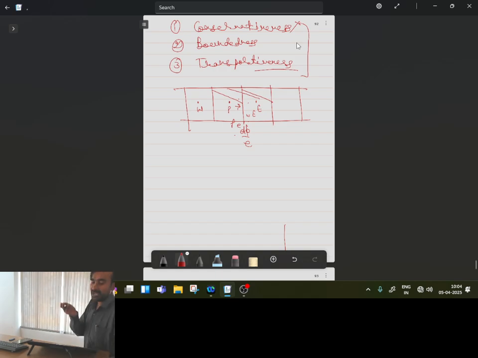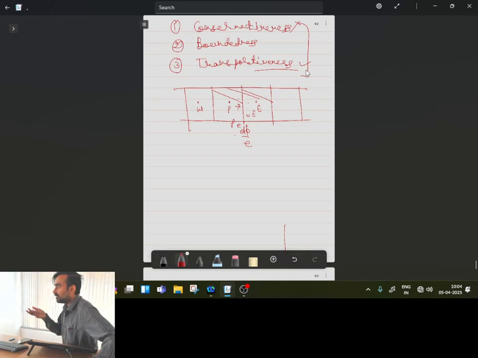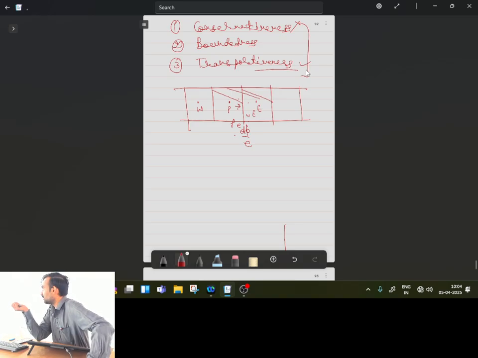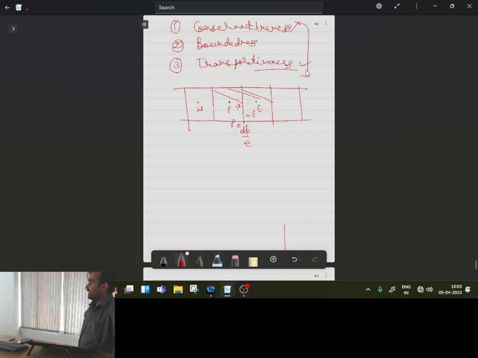So in order to have flux continuity, the scheme should be conservative. Transportive behavior I have already defined. Transportive behavior means whenever you are estimating the convective terms, your scheme should give preference to the particular direction from where the information is propagating towards that particular nodal value or edge value.